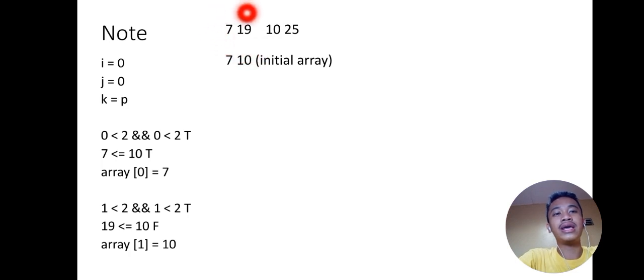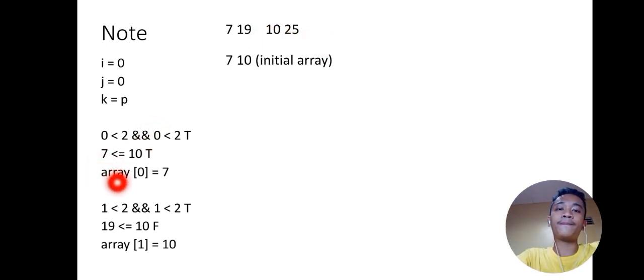So this is the i and this is the j. So the index 0 of i is 7 and the index 1 of i is 19. And the index 0 of j is 10 and the index 1 of j is 25. It is because we split this array, so that is why this is i and this is j.